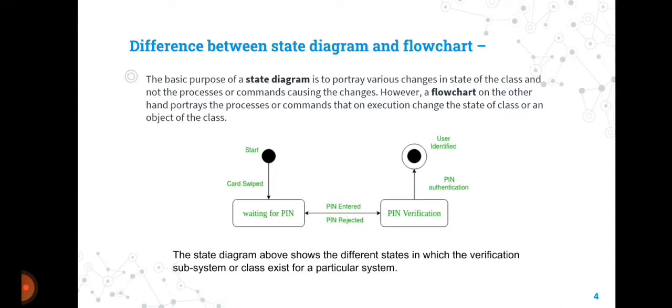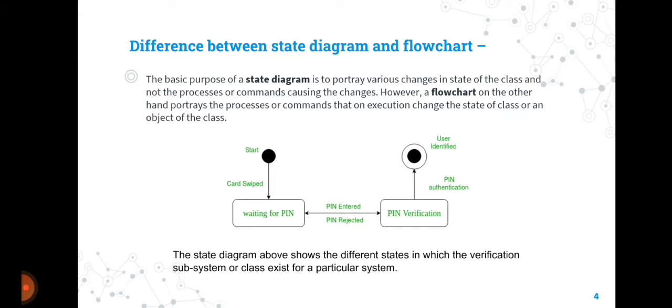The state diagram above shows the different state in which the verification subsystem or class exists for a particular system. Here first we start and we can see card swipe and next one waiting for the pin and pin enter.